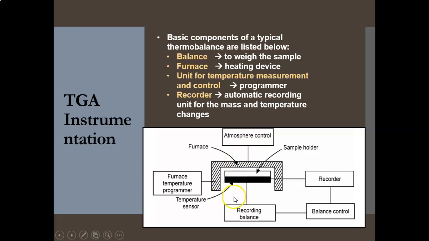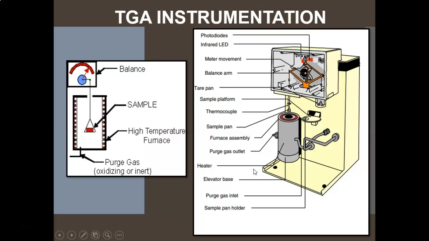We have the balance, which functions to weigh the sample, and the furnace, which is the heating device. There is a unit for temperature measurement and control as a programmer, and the recorder, which is the automatic recording unit for the mass and temperature changes. This is an illustration of the TGA.